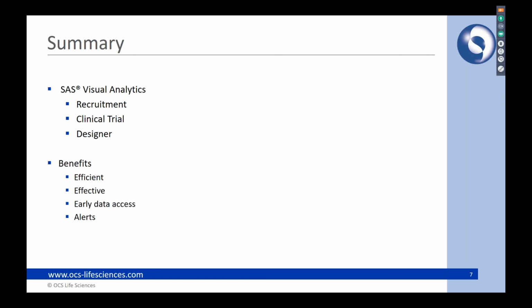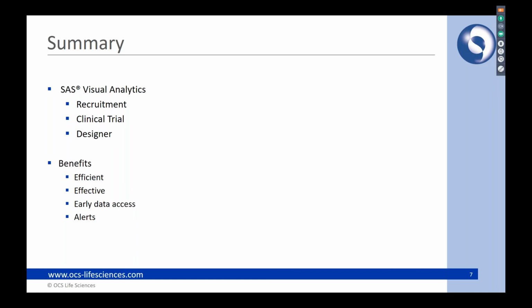What is the single biggest business benefit you see in visual analytics? Well, of course, I'm focused on life science. For life science, I really think it's a great tool to monitor your data and have early data access. As I said before, you don't have to already have standardized data.